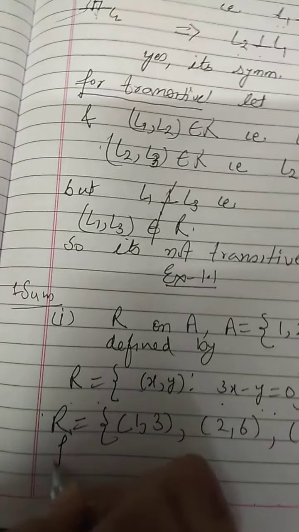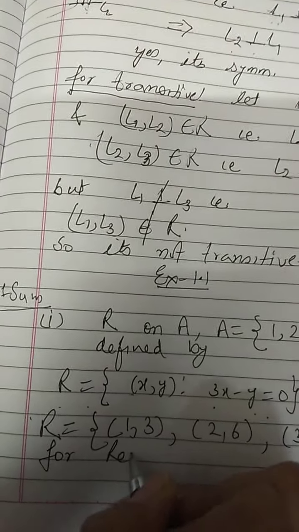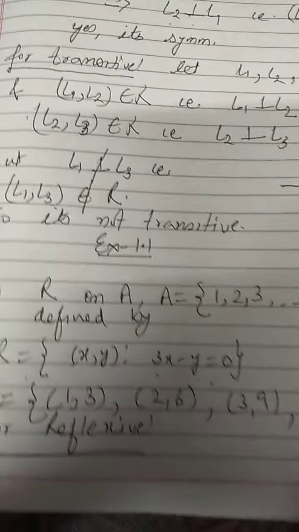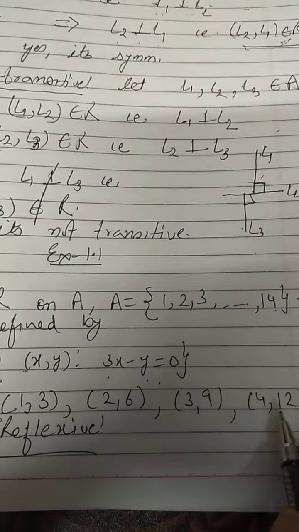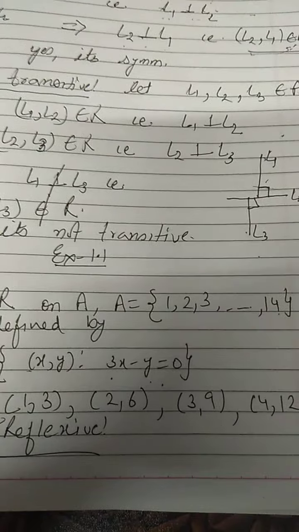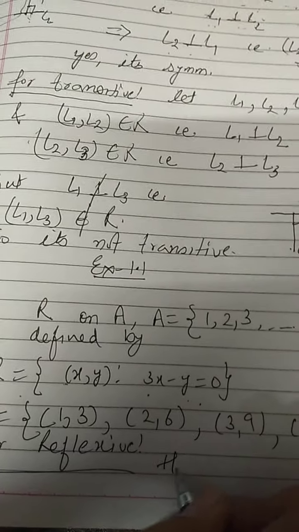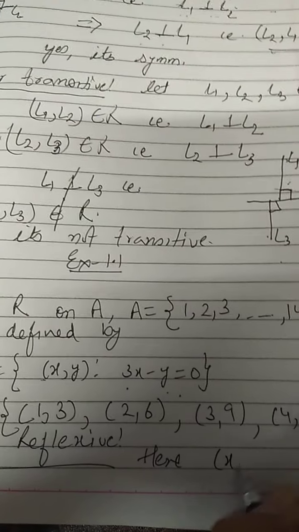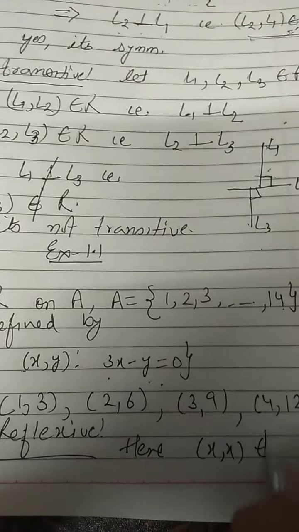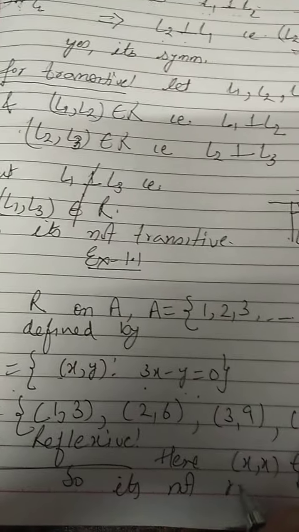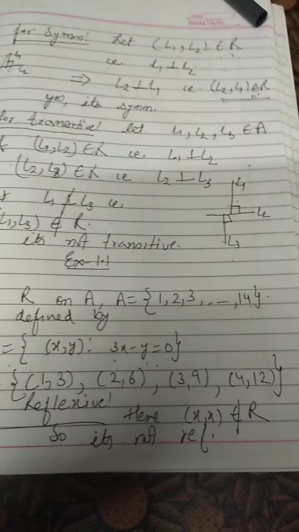Now for reflexive, when we look at the relation, we don't have any ordered pair where the first element and the second element are the same. So for reflexive we will say here (x, x) does not belong to R, so it's not reflexive. Straightforward.